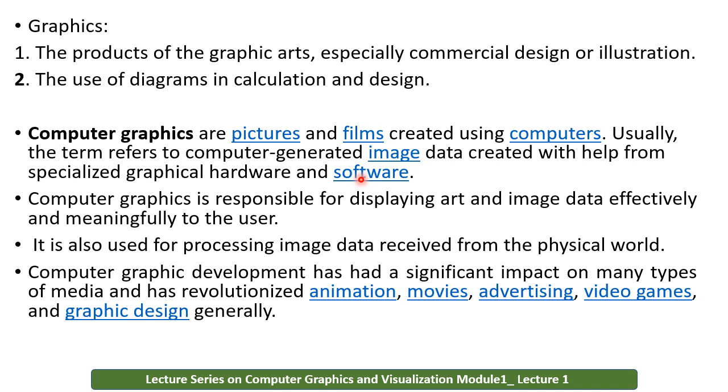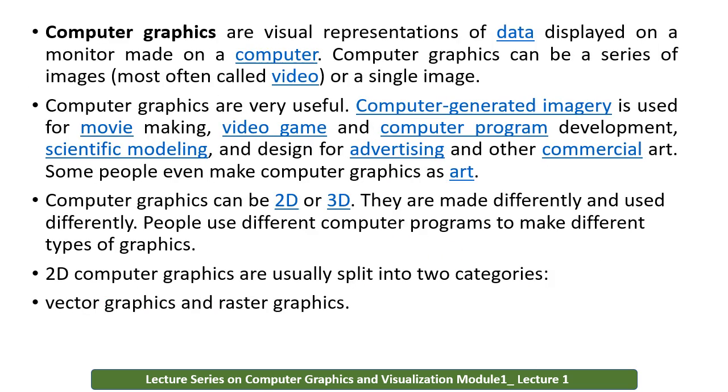So computer graphics development has had a significant impact on many types of media, and has revolutionized various areas such as animation, movies, advertising, video games and graphic design generally.